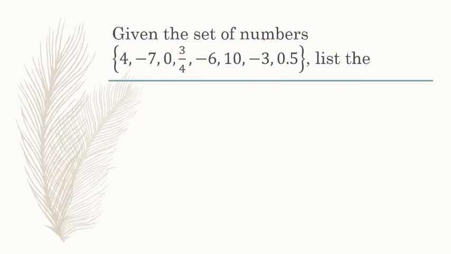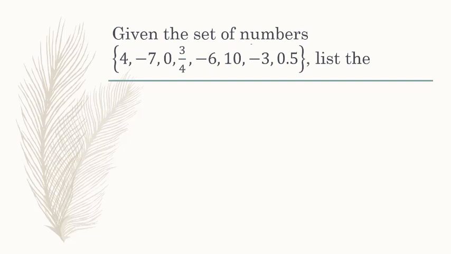Given the set of numbers, let's do a little exercise. Remember, a set is made of two braces, and we place the elements. The elements of a set are placed in braces. This is why I have braces. Whenever you see this, this is called the set of numbers: 4, -7, 0, 3/4, -6, 10, -3, 0.5.